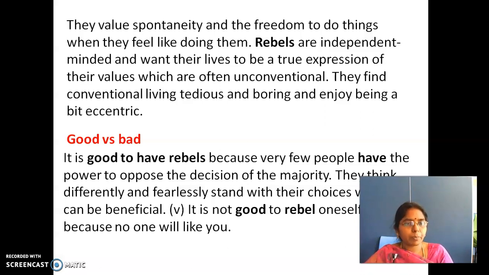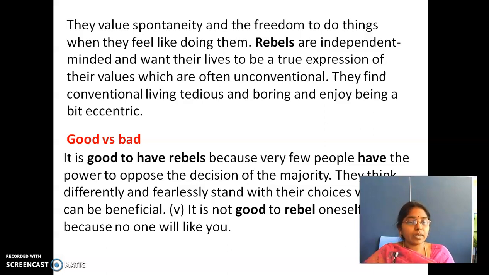They want to be independent in doing all things. Rebels are independent minded and want their life to be a true expression of their values, which are often unconventional. They find conventional living tedious and boring, and they want to enjoy being a bit eccentric, right?